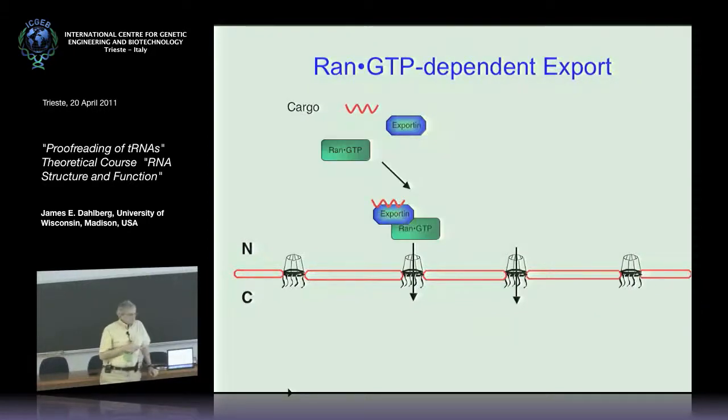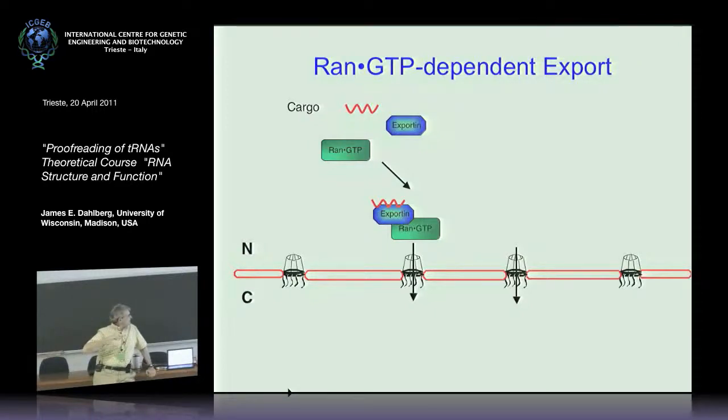Now, I mentioned the hydrolysis of GTP as being an important feature in export. The GTP actually gives directionality to the transport, and an example is here. There's a protein that cycles between the nucleus and cytoplasm called RAN, R-A-N. It's a small RAS-like protein.